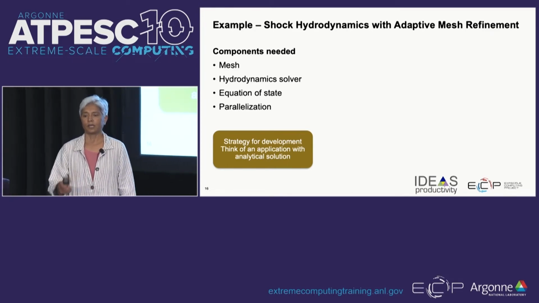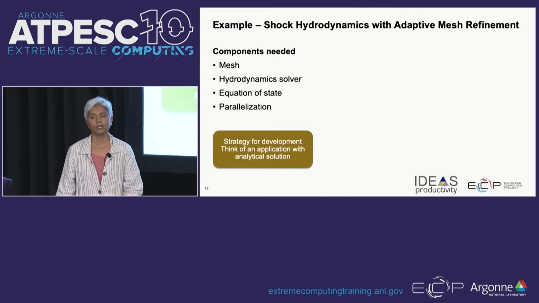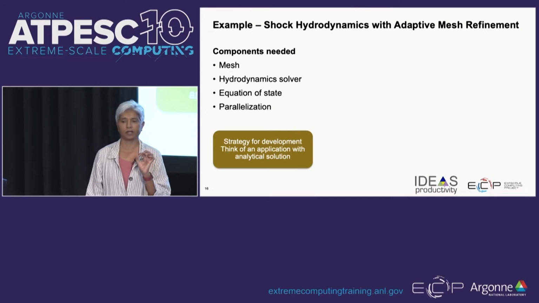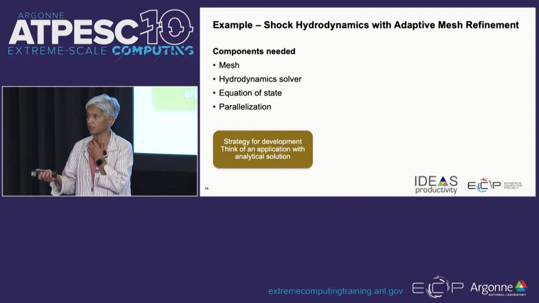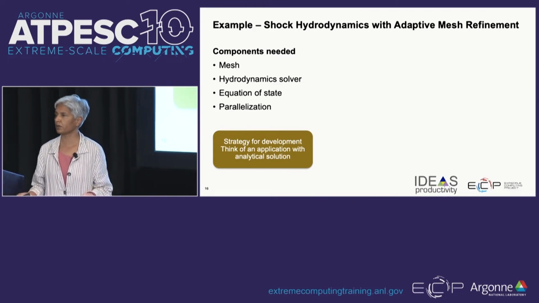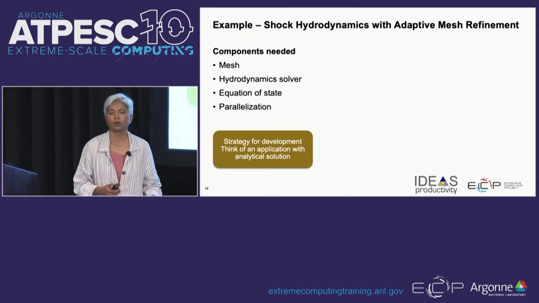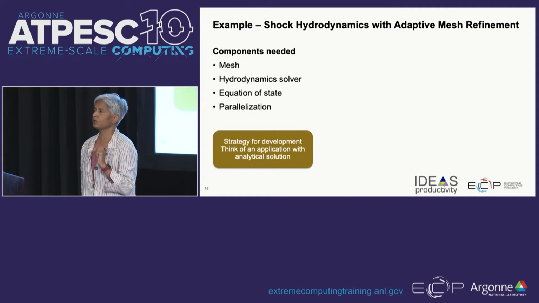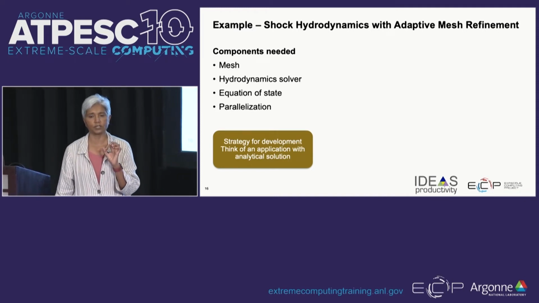So, to get back to our example, the components that we need for running shock hydrodynamics with adaptive mesh refinement are: you have to have a mesh, of course, because that is your domain; you need a hydrodynamic solver; you need some equation of state; and you want to parallelize it.